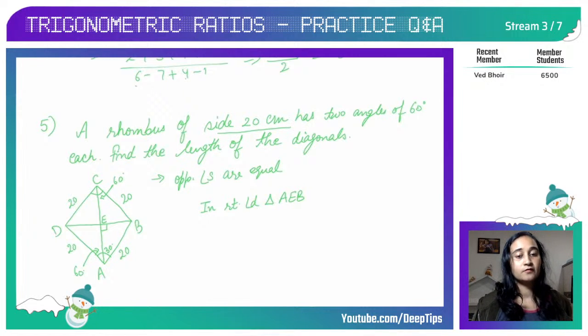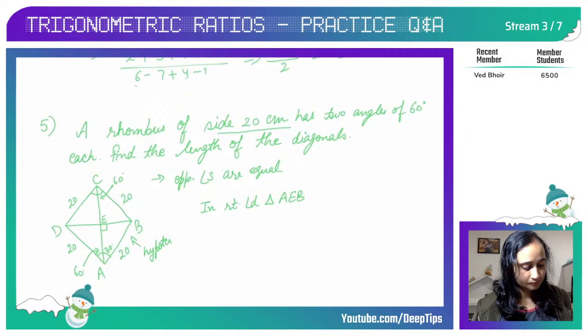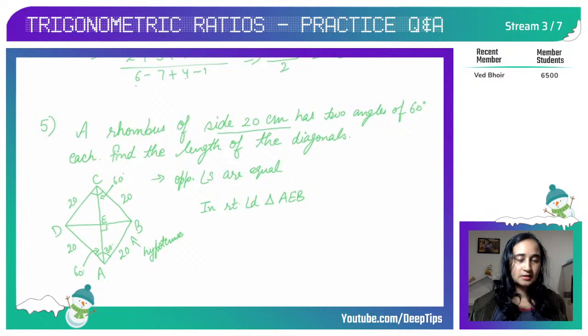So in this type of triangle, don't get confused. We are very clear that AB is hypotenuse. And which is my base? Base is the one on which my 30 degree is drawn. So AE is my base, and BE is the perpendicular.